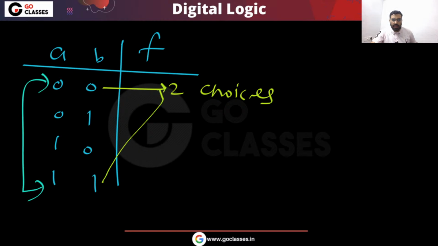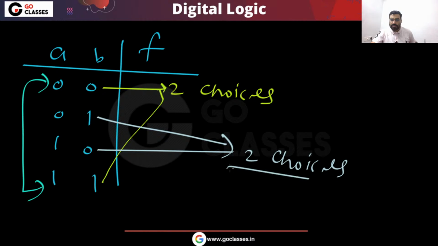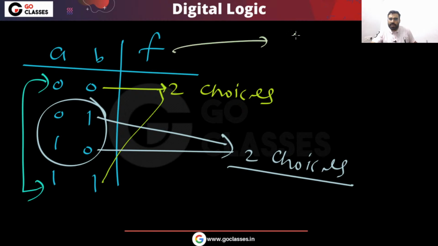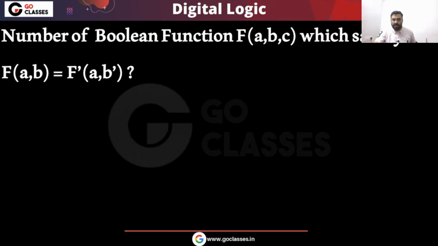So that will be 2 into 2, total 4 functions we have.